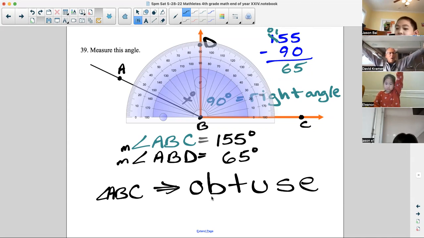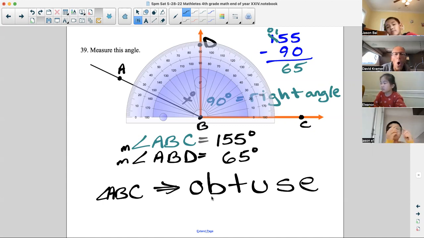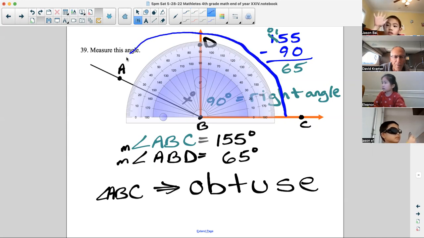Okay, yes, Eleanor. I don't know how to do the one you said before, ABD. Hold on a second. So, Eleanor, if you know that ABC is 155, so that blue angle is what, Eleanor? 155. Right.